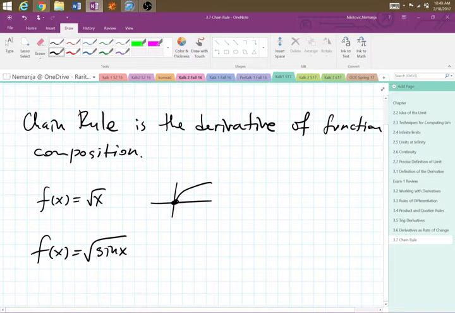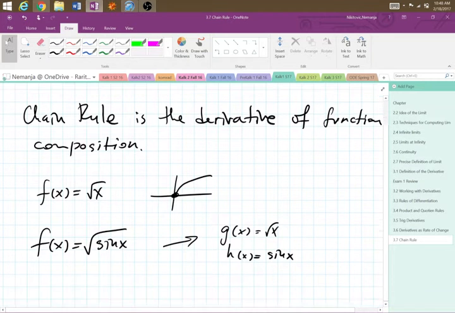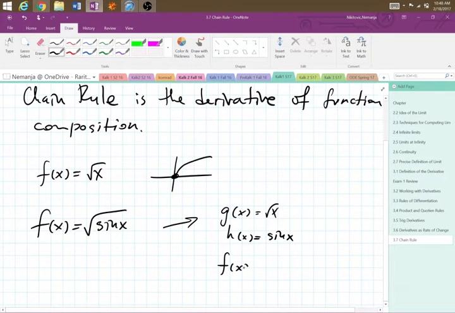The notation: in this case, g of x is root x, and h of x is sine x, and then f of x is g composed with h, also denoted as g of h, depending on which way you remember it.